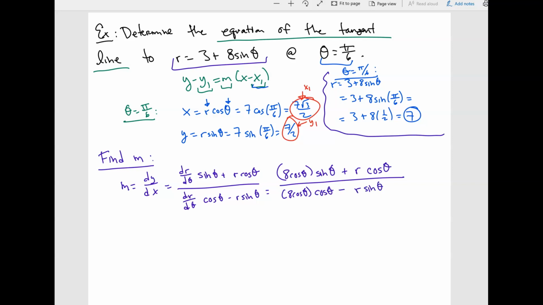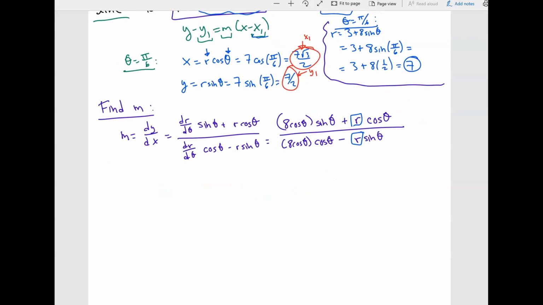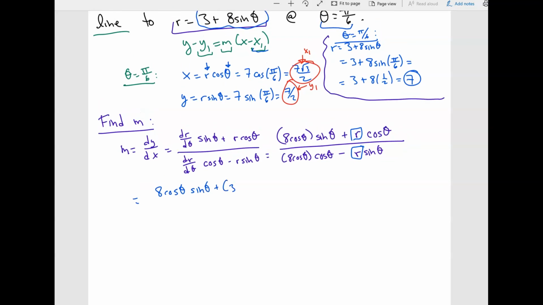Now notice we already know what r is: r is 3 plus 8 sine theta. So that's what we plug in here. We have 8 cosine theta sine theta plus 3 plus 8 sine theta cosine theta, divided by 8 cosine squared theta minus 3 plus 8 sine theta sine theta.